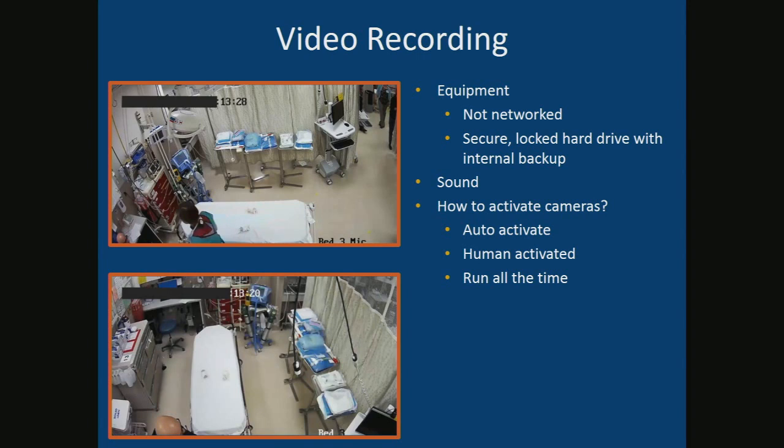It was very clear that if we wanted to record straight to a network, it had to be not the hospital's network, but still HIPAA compliant, which is incredibly expensive. And so that just went away right away. But I don't know that I would have even known that those were the rules if I hadn't talked to risk management first. So we went with secure locked hard drives with internal backup.